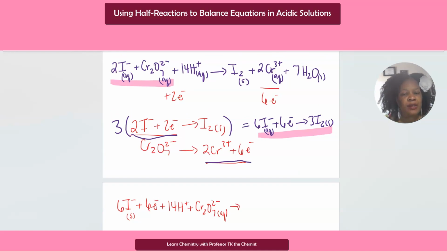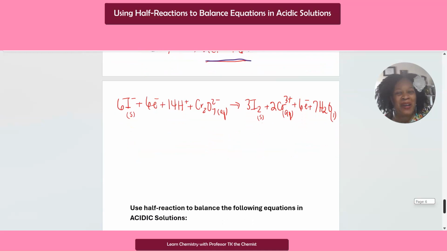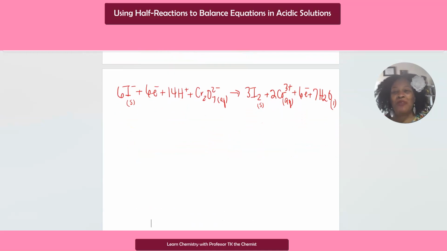That produces the iodine here of the 3 iodines plus your chromate, the 2 Cr with the 3 plus charge, plus your 6 electrons, plus your 7 water molecules. I know that's a lot. These types of reactions can take up a lot of paper, okay? But hey, that's the name of oxidation reduction reactions, okay?